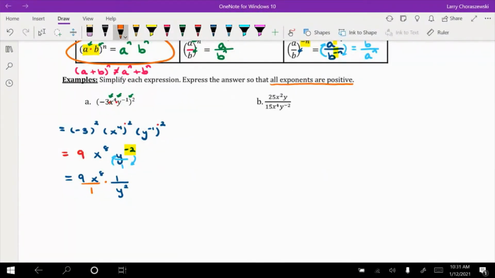In order to multiply two fractions together, and it also works with 3, 4, 5, 6 or more fractions, you simply multiply the tops together and the bottoms together. So you just directly multiply across and simplify, and 9x to the 8th times 1 is just going to be 9x to the 8th still, and 1 times y squared is going to be y squared still.